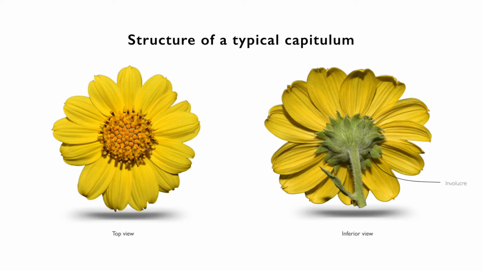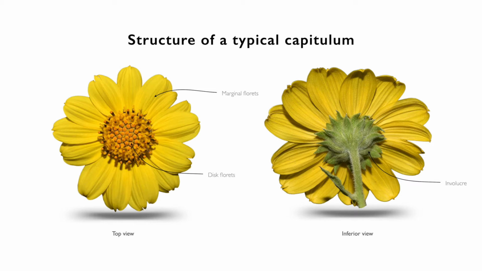Then if we look at the left side image, we will see what are usually called the marginal florets, and then the disc florets in the center. So a typical capitulum has two types of florets. Ones that are arranged in the periphery and are called marginal florets, and others, different from those, arranged in the center, and those are called disc florets.